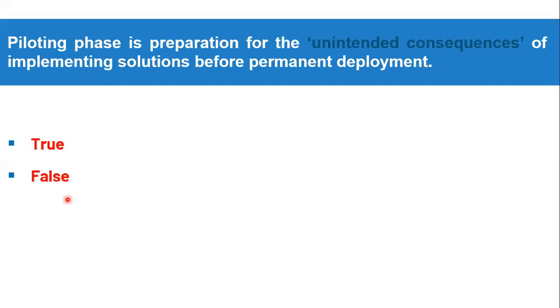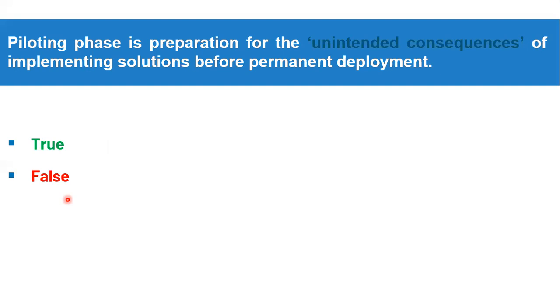So next question. Piloting phase is preparation for the unintended consequences of implementing solutions before permanent deployment. True or false? And the answer is true. Follow the green. So yes, answer is true. In pilot phase, we try to find out what are possible unintended consequences going to occur.